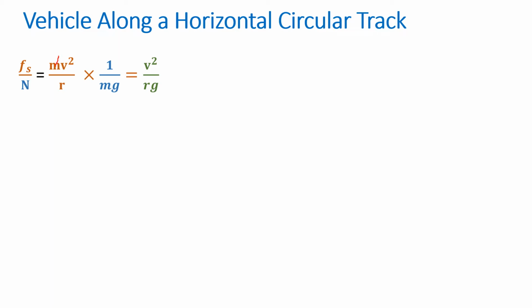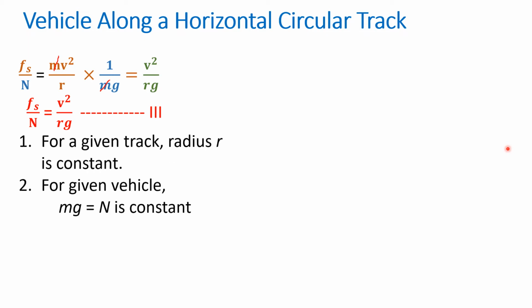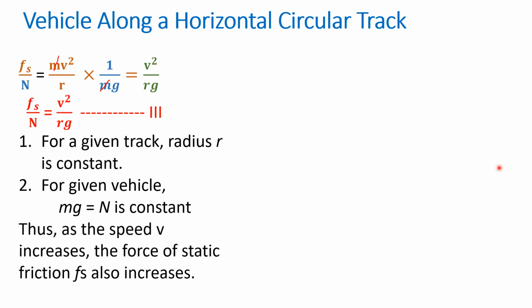Here m gets cancelled out, and we get Fs upon N is equal to v square upon rg. This is equation number 3. For a given track, the radius r is constant, and for a given vehicle, mg is equal to its normal reaction.